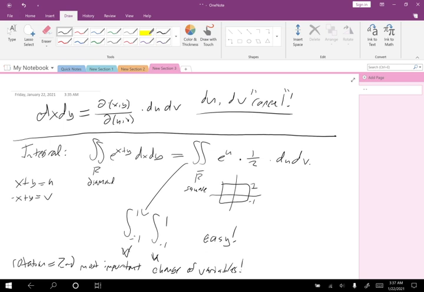There's many instances where you have an integral of, for example, e to the x squared minus y squared. If you have some integral of something complicated, what a rotation will do for you is, like in this example, it would turn this into e to the uv, and it turns out this is a lot simpler to think about.